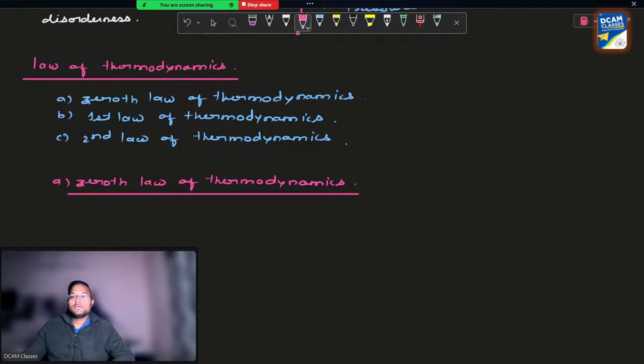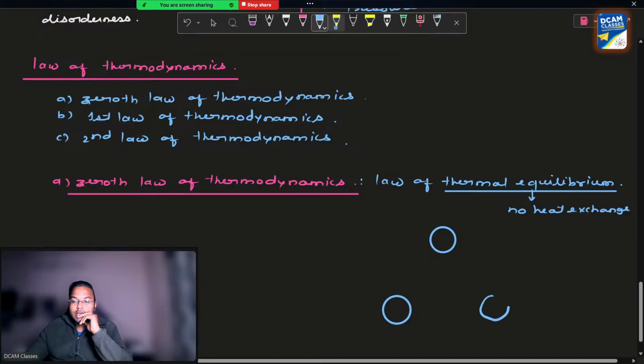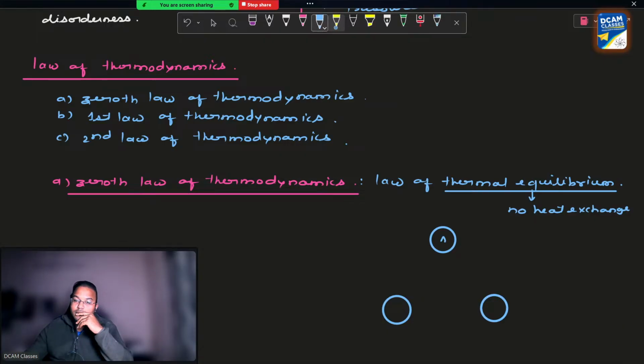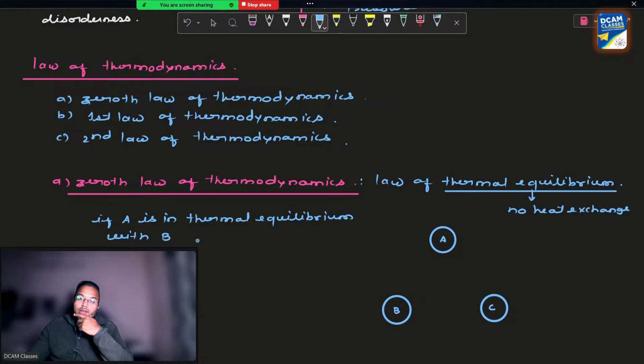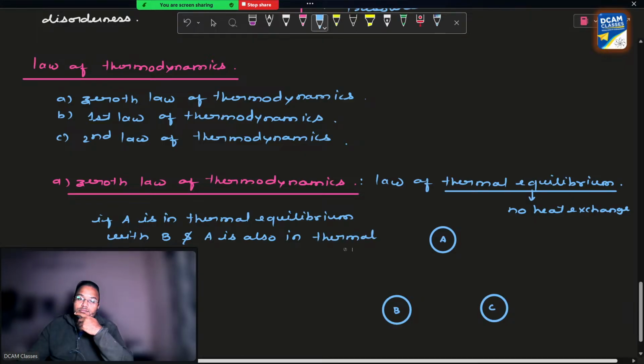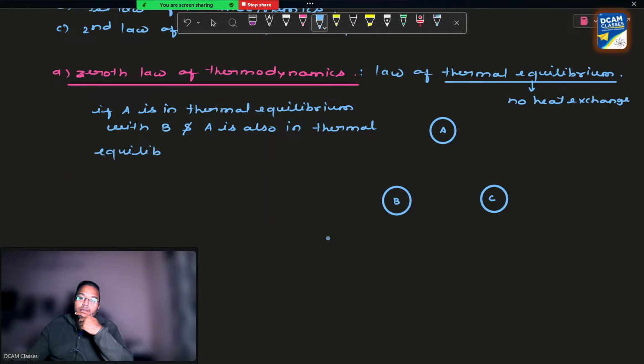Can you tell me what the zeroth law of thermodynamics is? Consider three bodies A, B and C. According to the zeroth law of thermodynamics, if A is in thermal equilibrium with B and is also in thermal equilibrium with C, then B will be in thermal equilibrium with C. That's the statement.